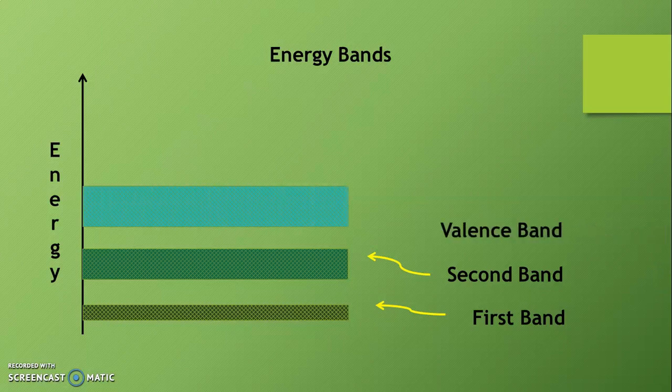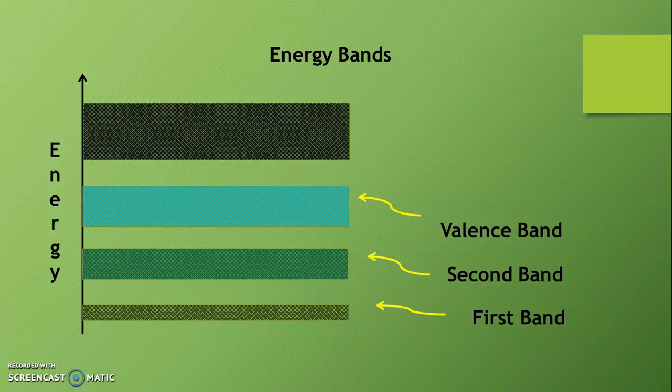In the same way, we have the valence band, and at last we have the conduction band. The electrons in the valence band have maximum energy, and that is why to detach the electrons from the valence band we require least energy.